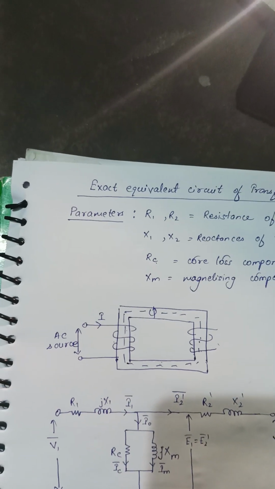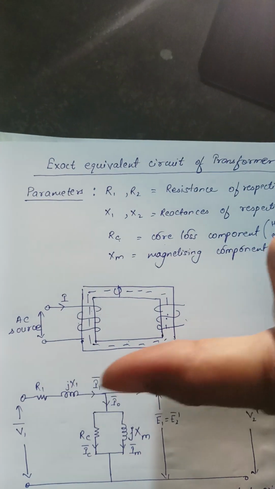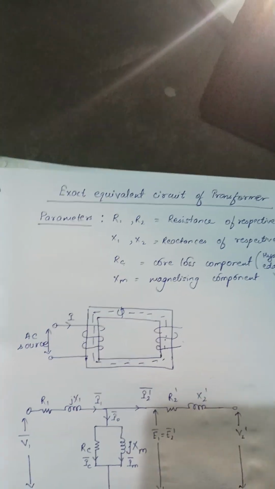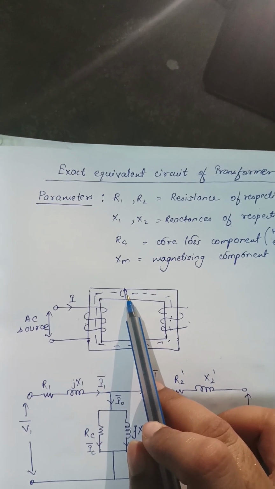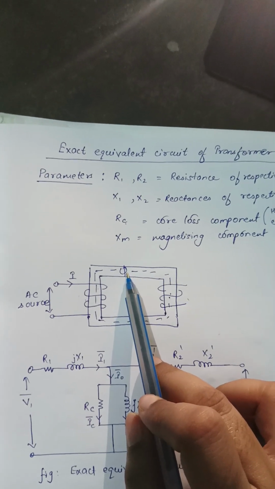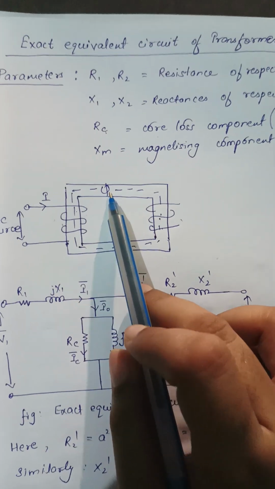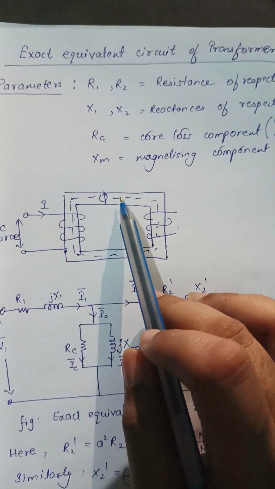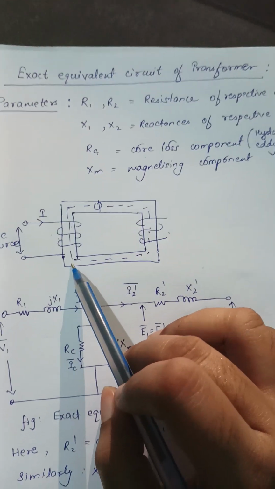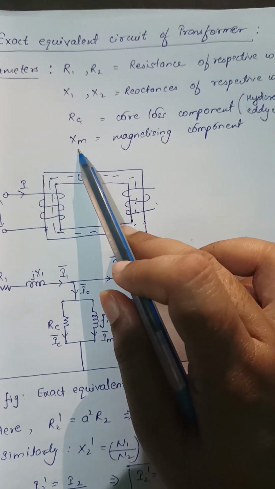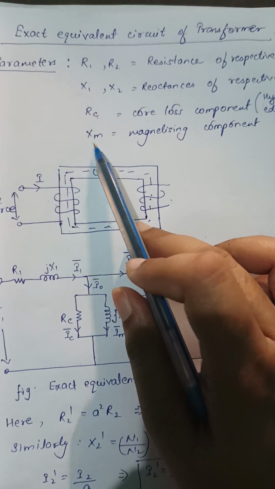We know if the fingers denote the direction of the current, then the thumb denotes the direction of the flux. So whenever some current is there, automatically flux will be generated inside the core. The amount of energy required to generate this magnetic flux, in terms of an electrical parameter, is denoted by the magnetizing component XM.